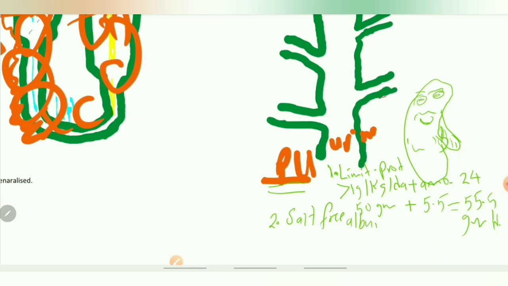So we can give IV salt-free albumin, and it is usually recombinant albumin. We also have to encourage rest for the patient so that the amount of the leak gets better, and to rest the kidney, and that can help.